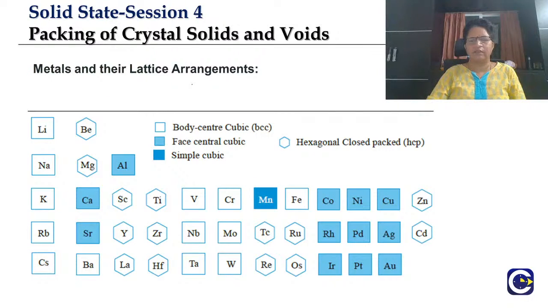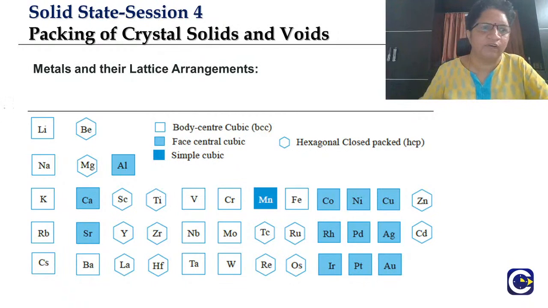Fine. Let's see what type of arrangement. This is the part of the periodic table taken, and see how the different types of crystal lattice these metals have. We are talking about metals. We didn't go for the ionic compounds or anything. We are first doing it with the metals. So these are your S block elements.